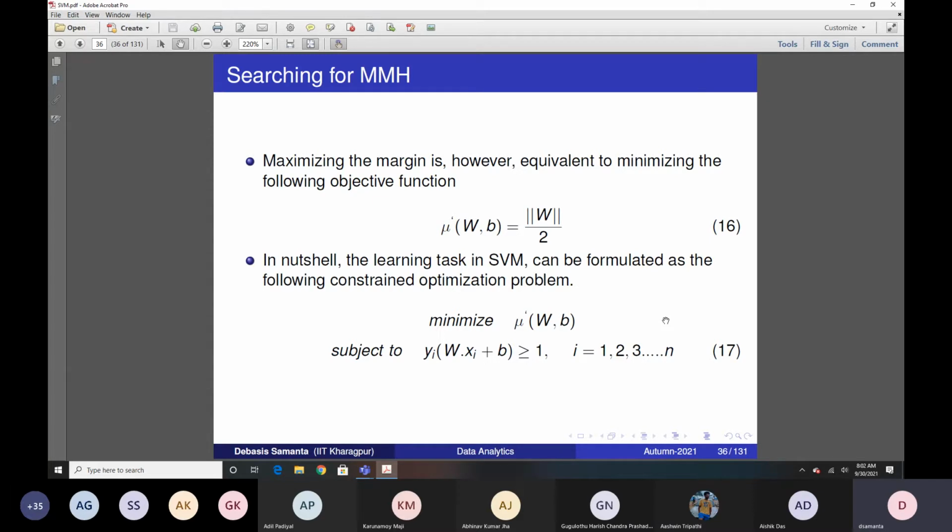The unknown parameters are w and b, out of which w is a vector and b is a scalar quantity, right? And this objective function is defined in terms of w, the magnitude, which is expressed in equation 16. So we have to find w and b values so that mu dash is a minimum.